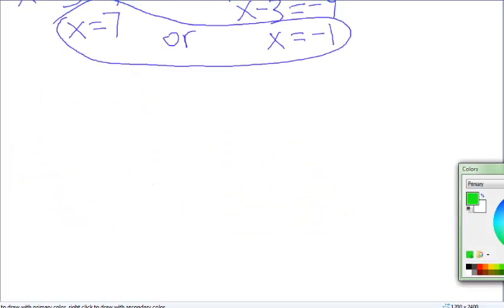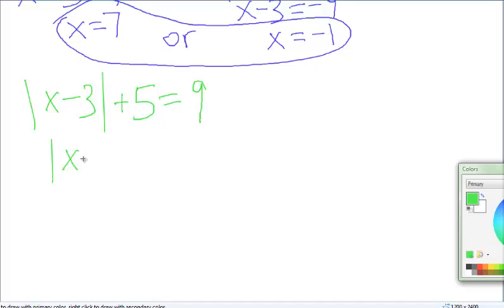What if we have the absolute value of x minus 3, this time plus 5 equals 9? What are we going to do? Well, we're going to get that absolute value by itself by subtracting 5. So absolute value of x minus 3 equals 4.